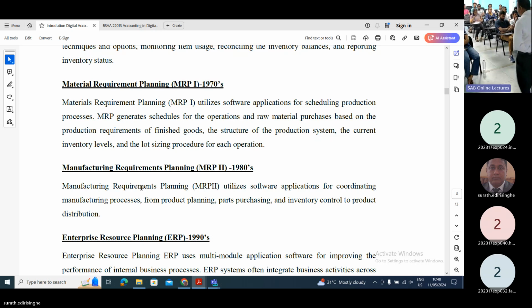Got this point? Based on the finished good requirement, the system will generate the schedule we call the material requirement plan, in which the materials with the quantity required for successful completion of this output level. Output required. Okay?